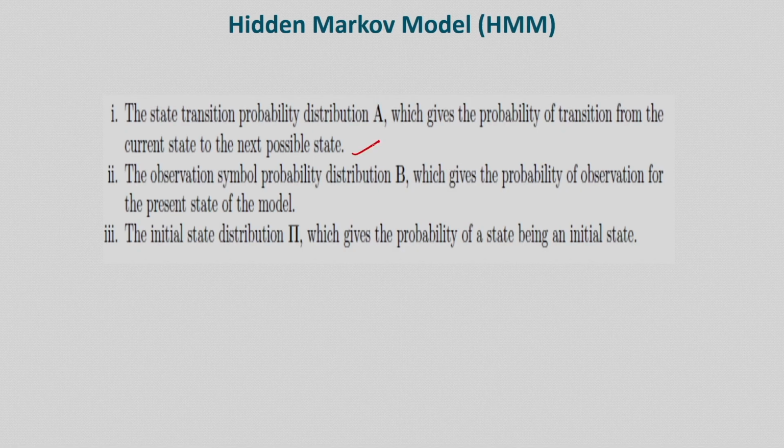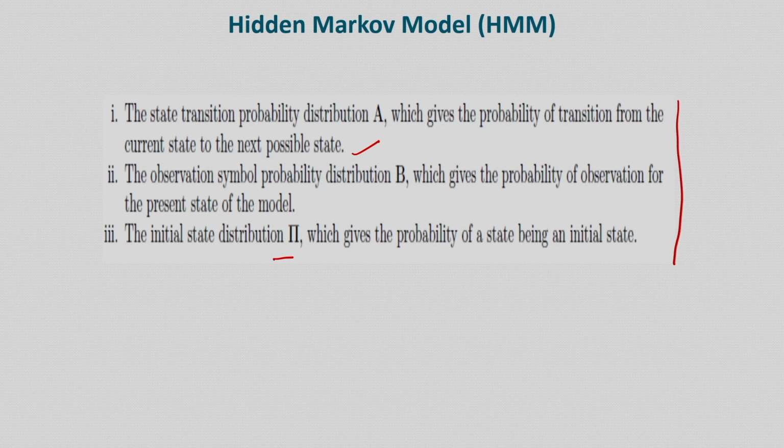What about B? The observation symbol probability distribution B gives the probability of observation for the present state of the model. The initial state distribution, that is pi, gives the probability of a state being an initial state. So that is the definition of A, B, pi.